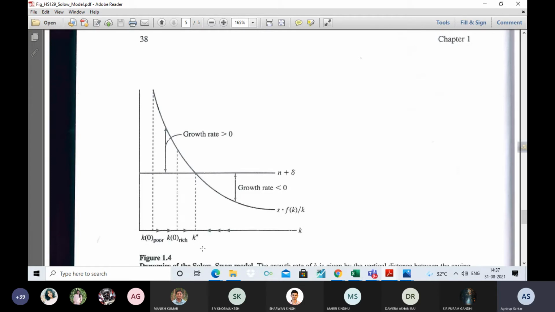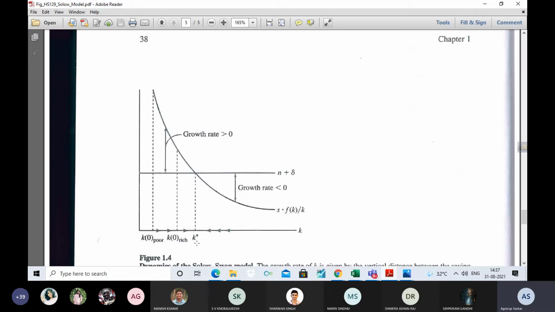Once we have our basic concepts clear, we can now go ahead with the derivation of growth of per unit capital. So how does capital grow in the steady state, and is this growth rate constant?